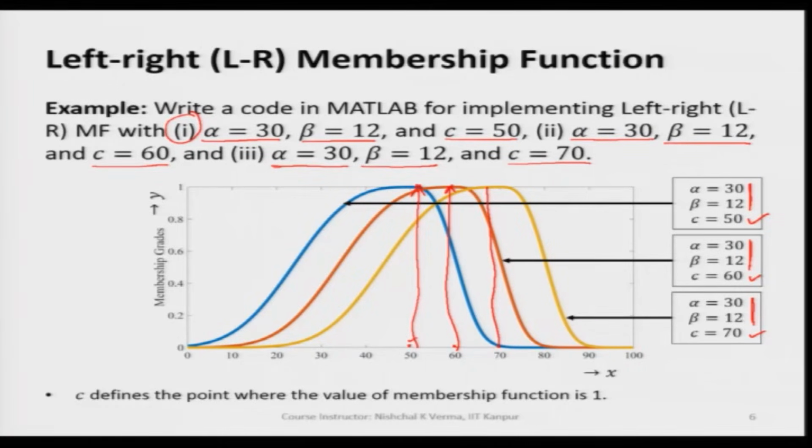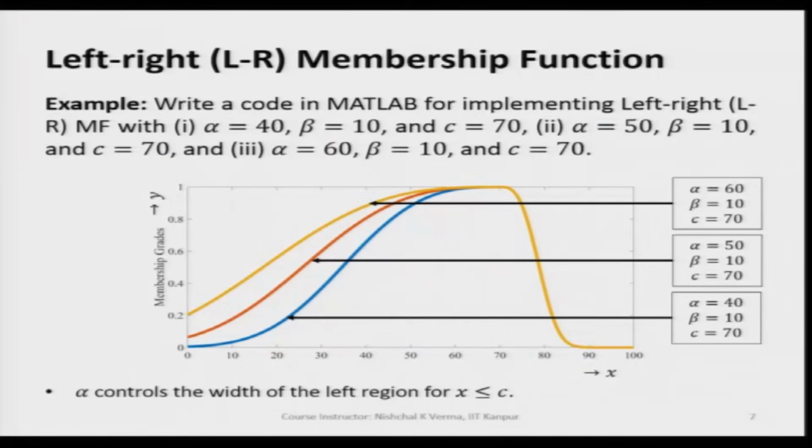So, let us take another example, where we again have three cases, but we are only changing alpha. The values of alpha are changing: in one case we have 60, the second case we have 50, and the third case we have 40, and the other two parameters, beta and C, are the same in all the three cases.